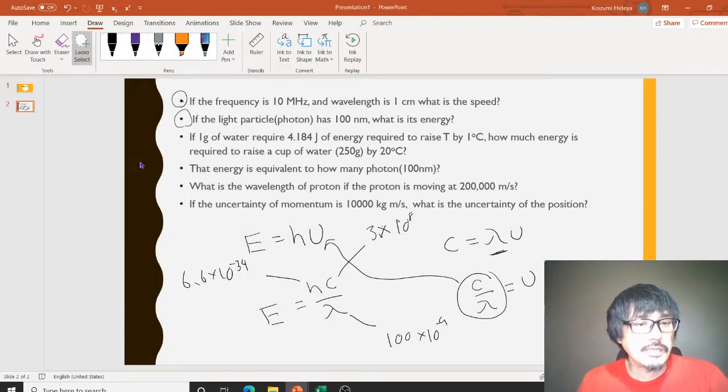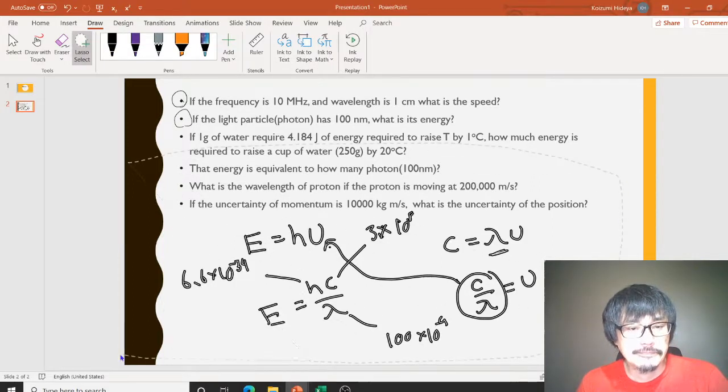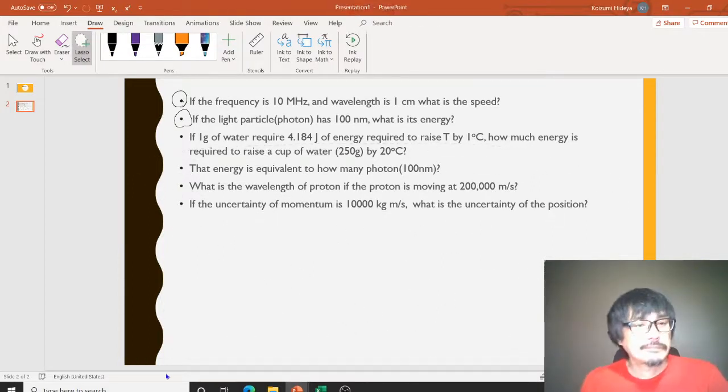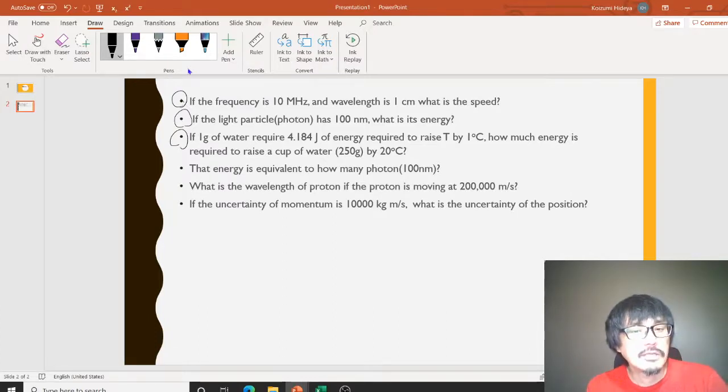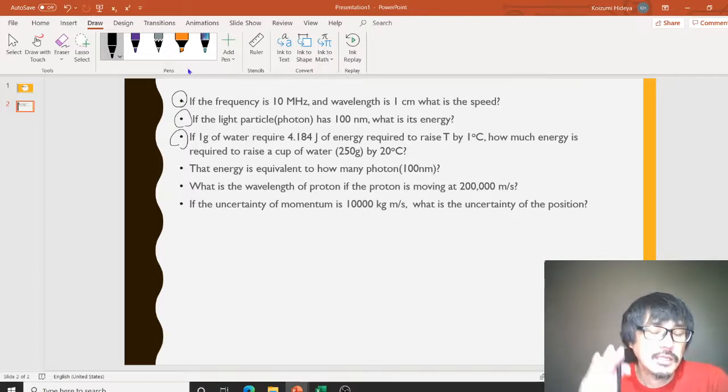Alright, let's do the next problem. If 1 gram of water requires 4 joules of energy to raise the temperature by 1 degree Celsius, then how much energy is required to raise a cup of water, which is 250 grams, by 20 degrees?